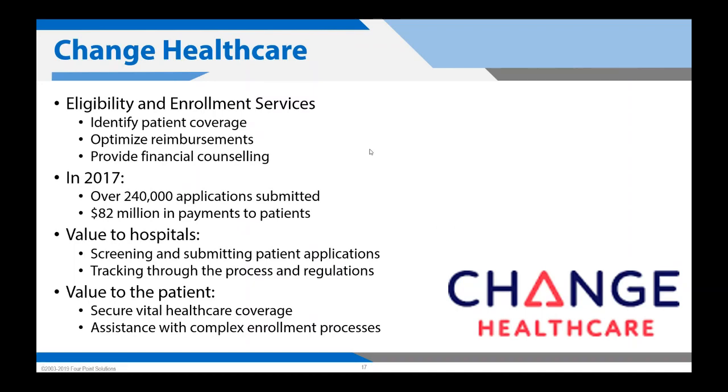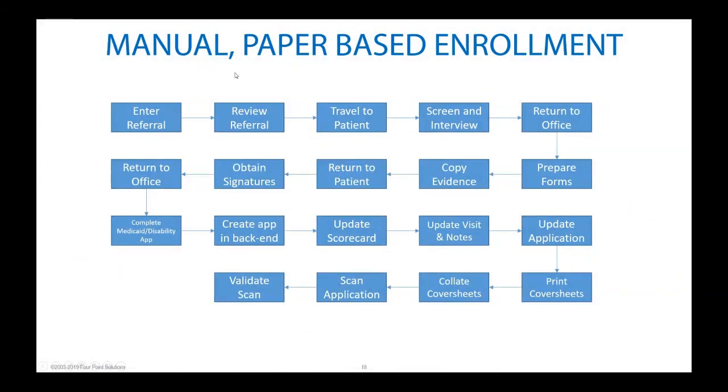And what we did with Change was take this manual, paper-based enrollment process, which involved going to the patient, screening and interviewing the patient, returning to the office, completing the forms, copying the evidence, going back to the patient to get the signatures necessary to submit the applications, then completing all of the applications, having those reviewed and scored, updating the applications, then producing all the appropriate documentation that needs to be scanned, and validating all of those scans.